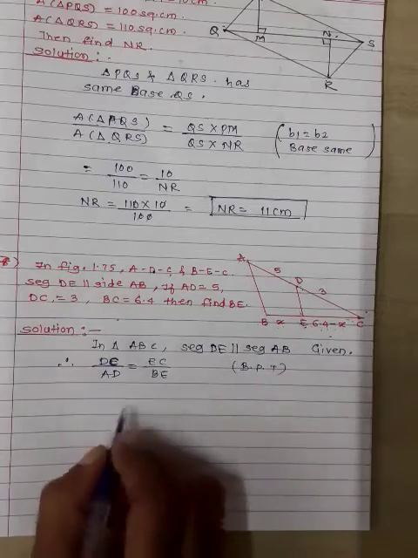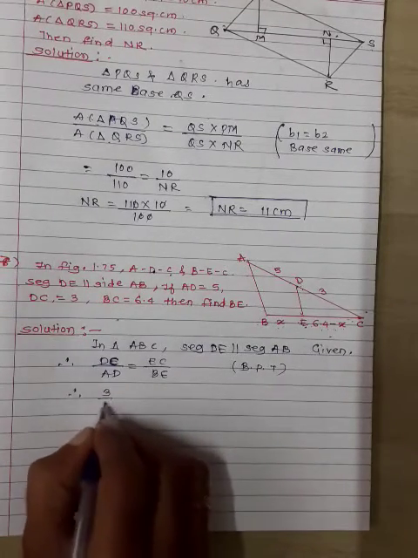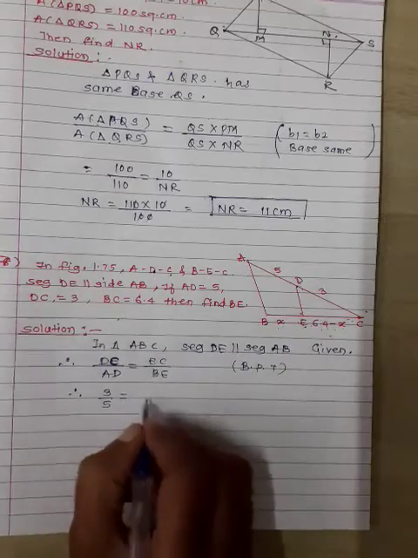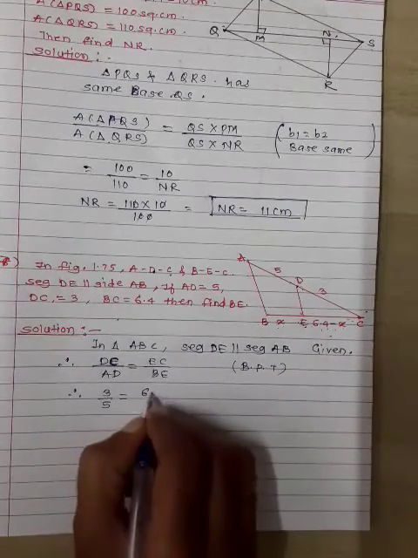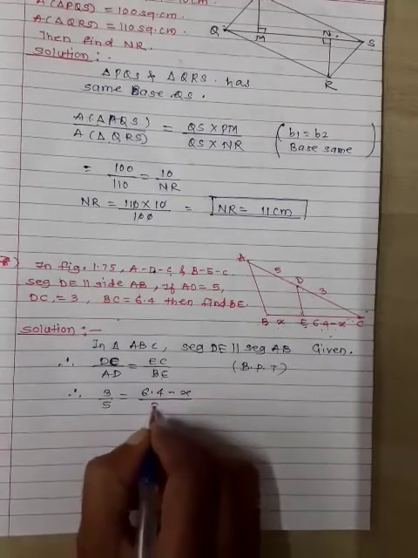The ratio 3 upon 5 is equal to EC, which is 6.4 minus x, upon EB, which is x.